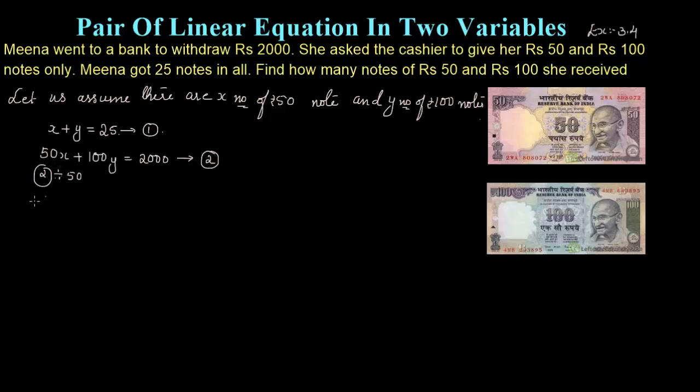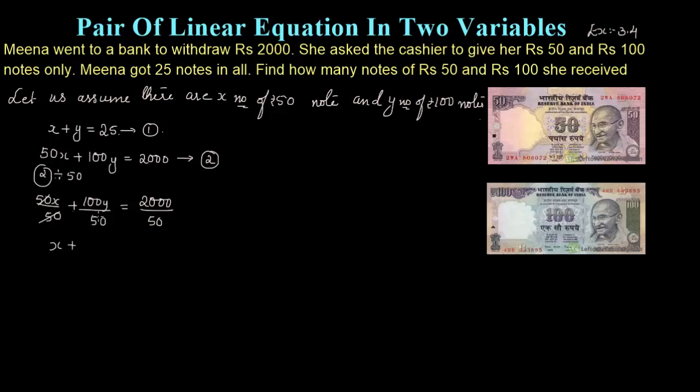50x divided by 50, plus 100y divided by 50 is equal to 2000 divided by 50. So this will get cancelled.